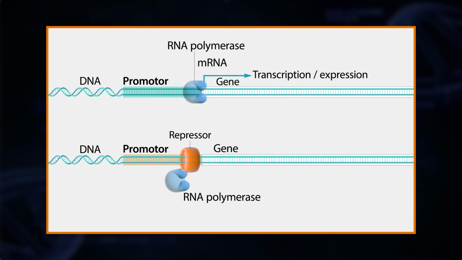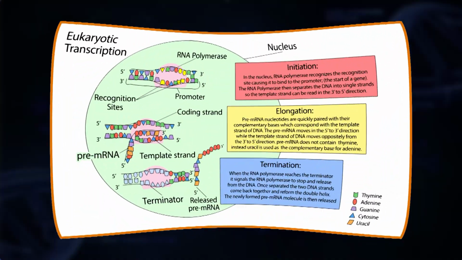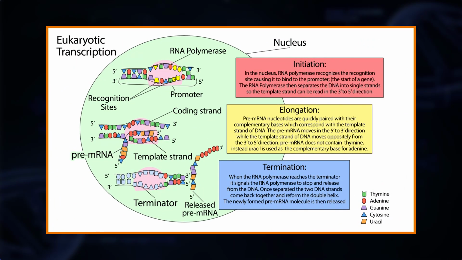The first step is to recognize a specific sequence on DNA called a promoter that signifies the start of the gene. The two strands of DNA become separated. At this point, an RNA polymerase begins copying from a specific point on one strand of the DNA, using a special type of sugar-containing nucleoside called ribonucleoside 5' triphosphate to begin the growing chain.